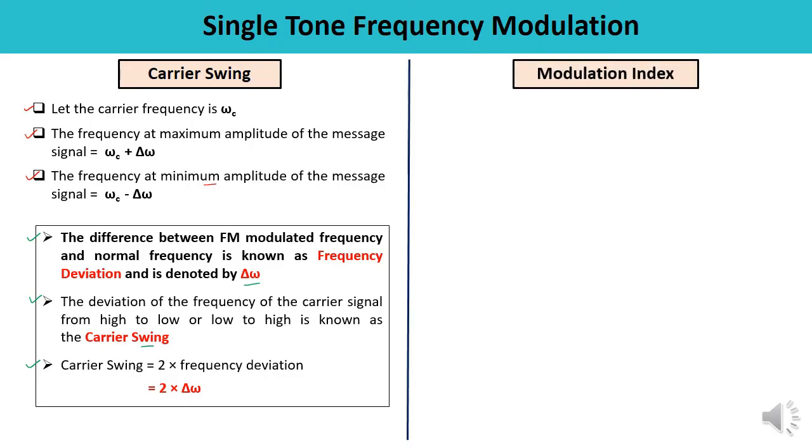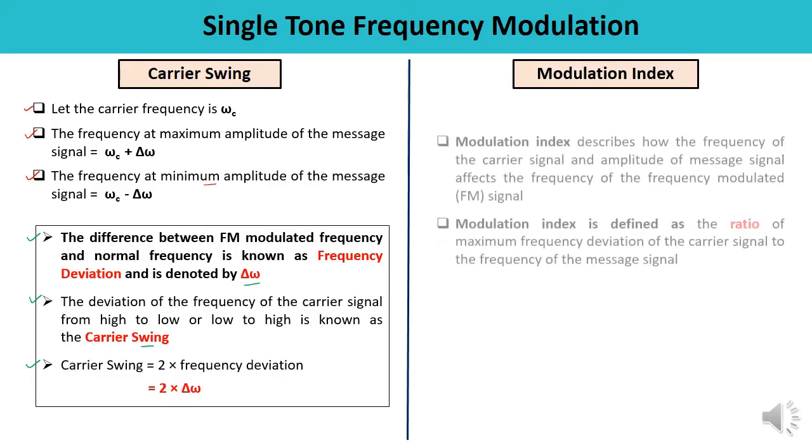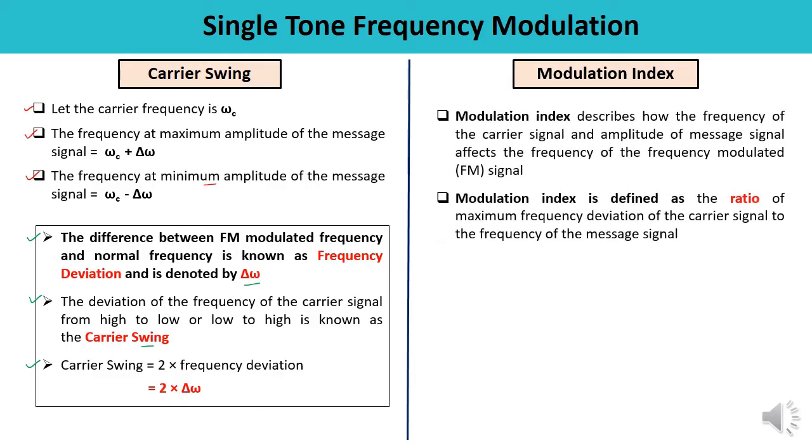Second important term is the modulation index. What is the modulation index in the case of FM? Modulation index describes how the amplitude of the message signal affects the frequency of the frequency modulated signal.